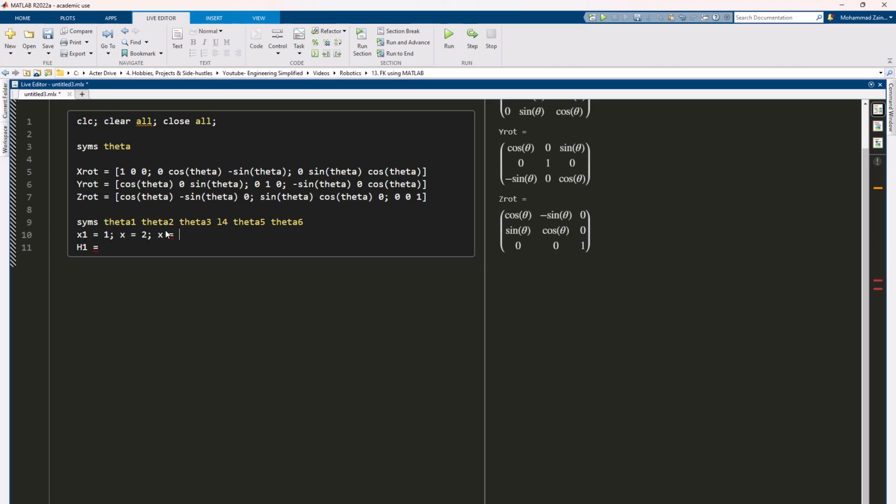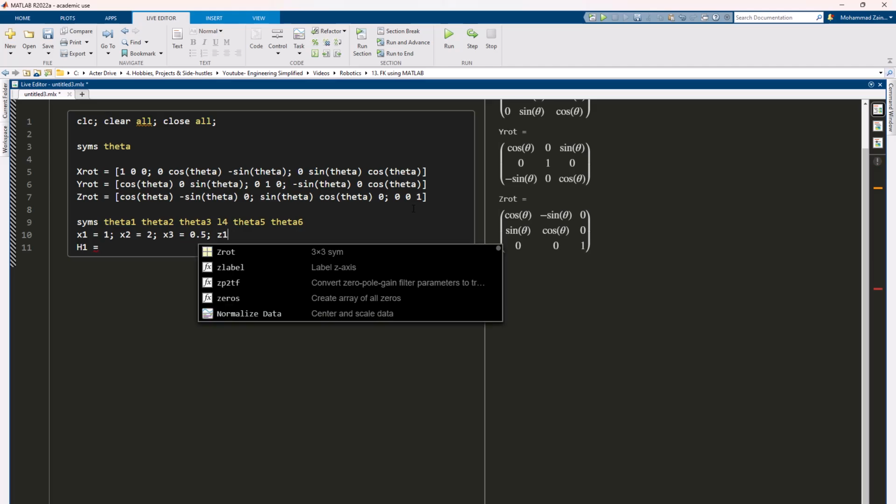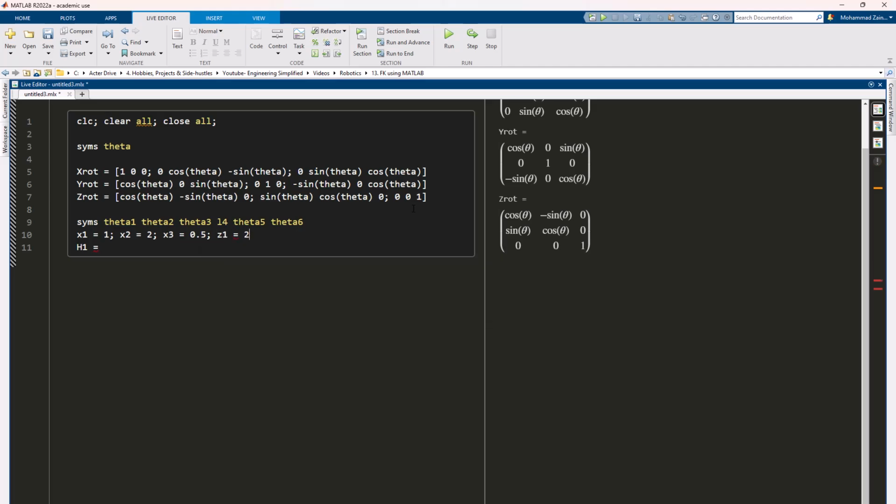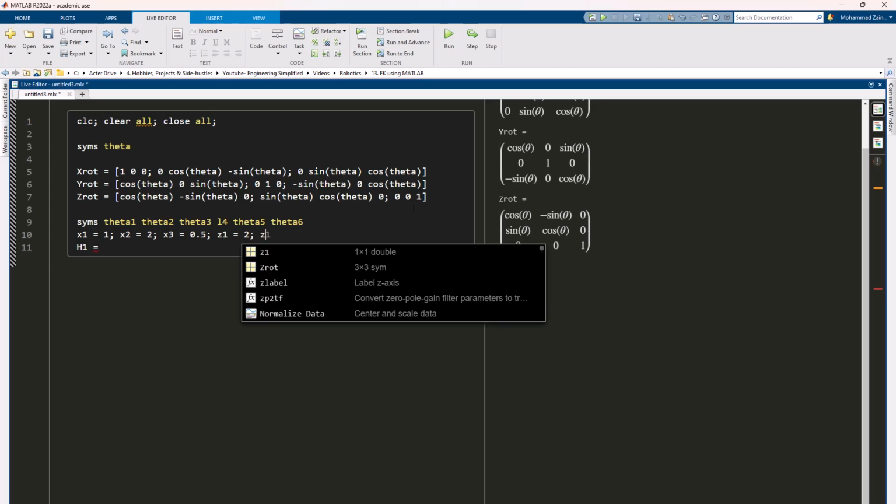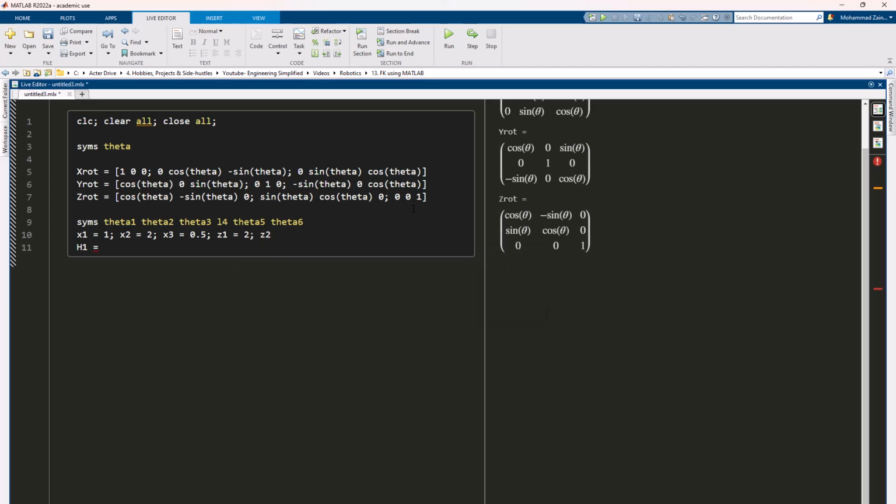Let's say x3 as 0.5, and then there was a z1, which I can call this as 2, and then there was a z2, which I can say is probably 1.5.